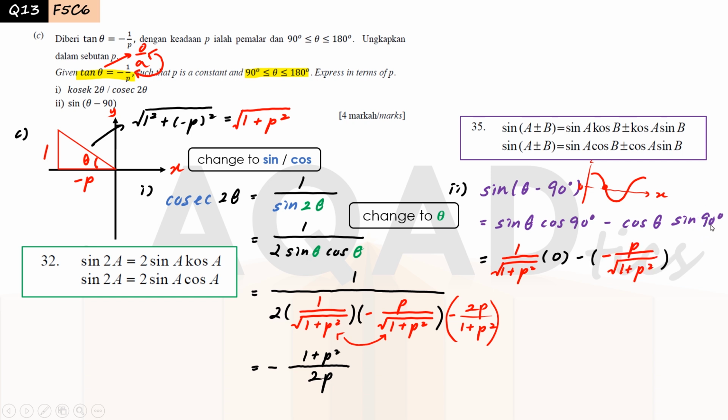And for sine 90 degrees, if you put it in the calculator, it's 1. Since this part is 0, we can just ignore it. So our answer is just this, and this will be our answer. You don't have to worry that the square root is at the denominator. For this type of question, for this chapter, this is accepted, so you don't have to do anything.